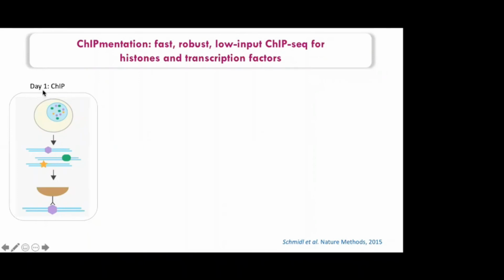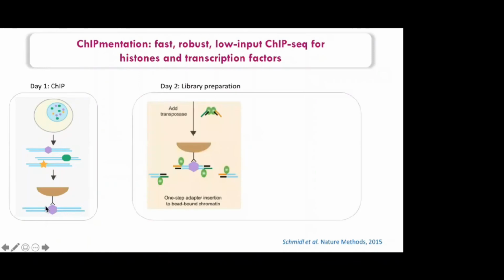So the chip part is same as traditional ChIP-seq. So you start with cross-linked cells, sonicate your chromatin to 200 to 600 base pair, and then go for chromatin immunoprecipitation. So while your chromatin fragments are still on the beads, you add transposase. What this transposase is doing is it's loaded with adapters.